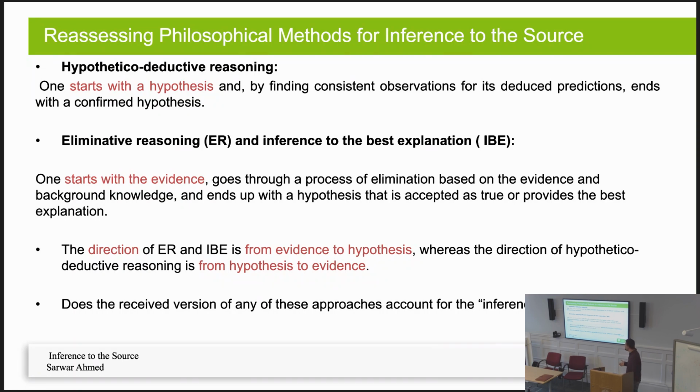But when it comes to eliminative reasoning and inference to the best explanation, it's the other way around. It starts with evidence and goes through a process of elimination based on evidence. Evidence can be theoretical and empirical evidence, and then by elimination, one comes up with an explanation. So the direction of ER and IBE is from evidence to hypothesis, but the direction of hypothetical deductivism is from hypothesis to evidence.